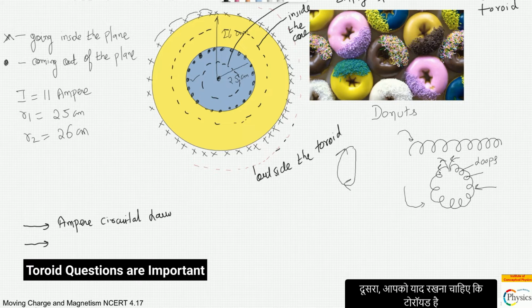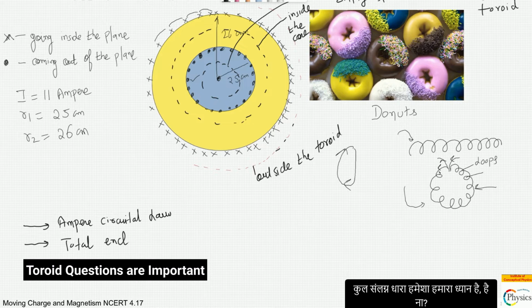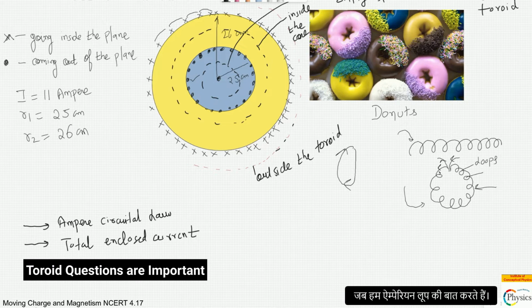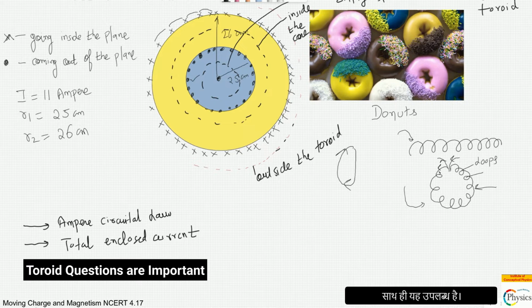Second, you must remember that the toroid is a special figure, and our focus in Ampere circuital law is always on the total enclosed current. Total enclosed current is always our focus when we talk about the Amperian loop, and you can watch my video on Ampere circuital law also.